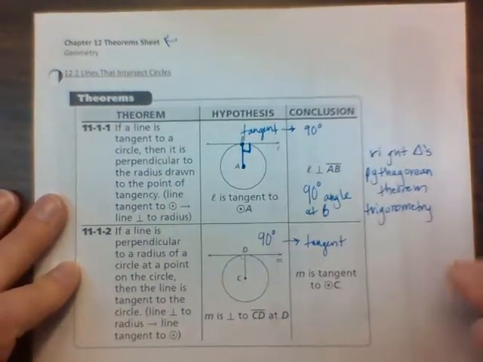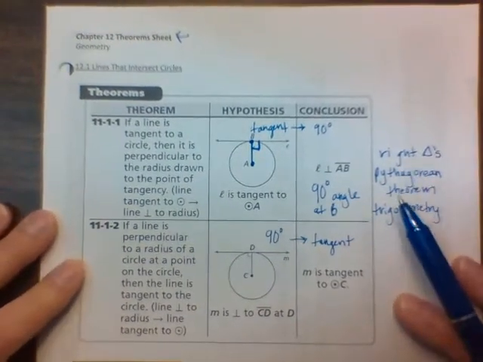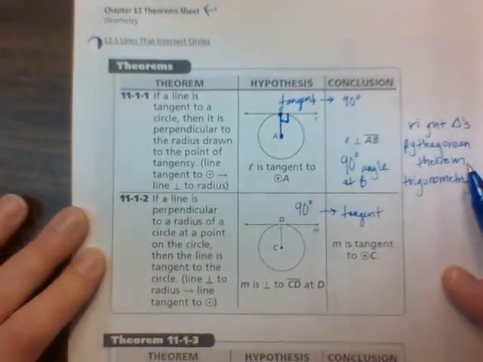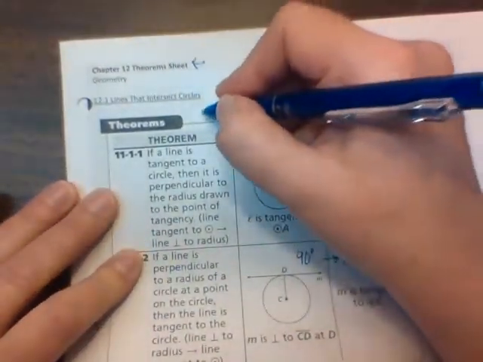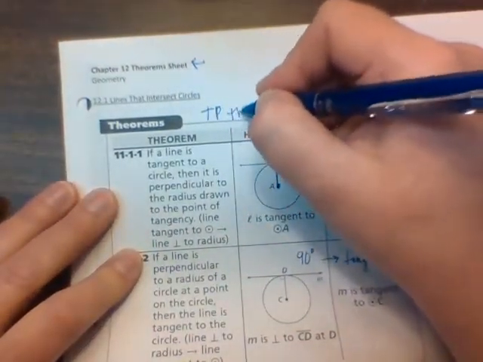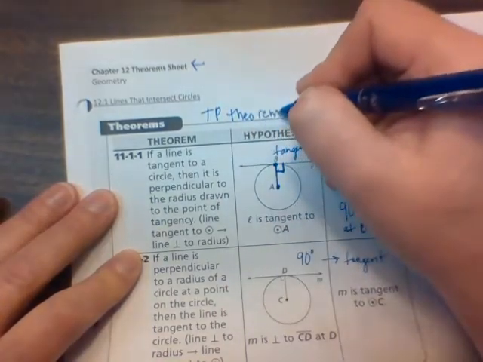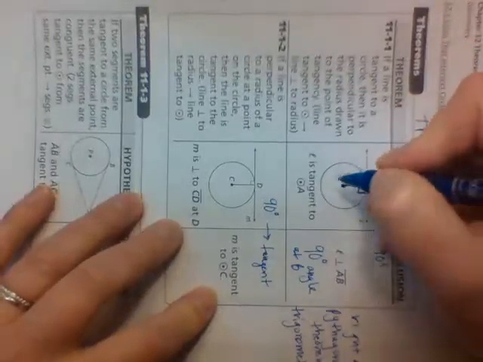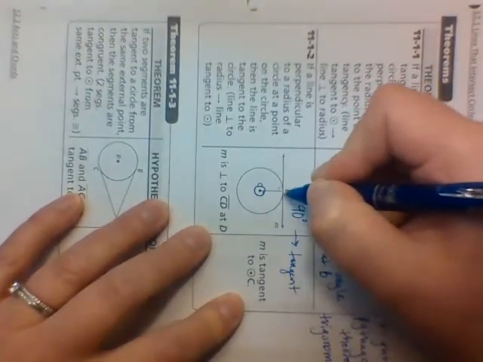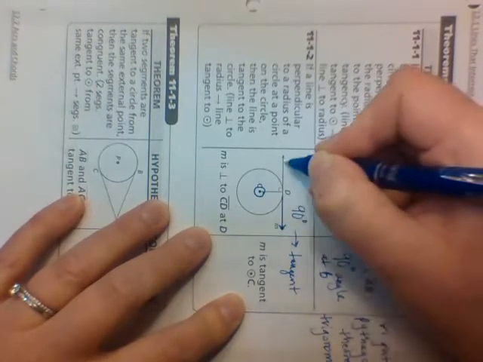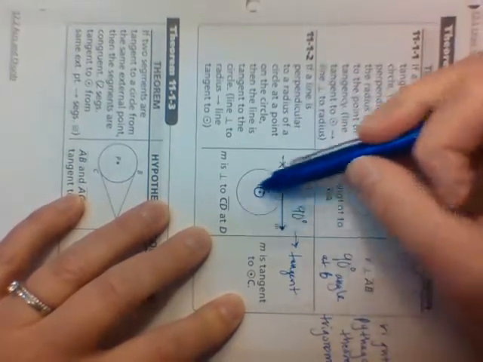And so this one in the past, shout out to previous schools, has actually been called the TP Theorem. So yes, TP like toilet paper, because if you imagine how a roll of toilet paper might be hanging on a toilet paper roll, you've got this toilet paper that hangs down.